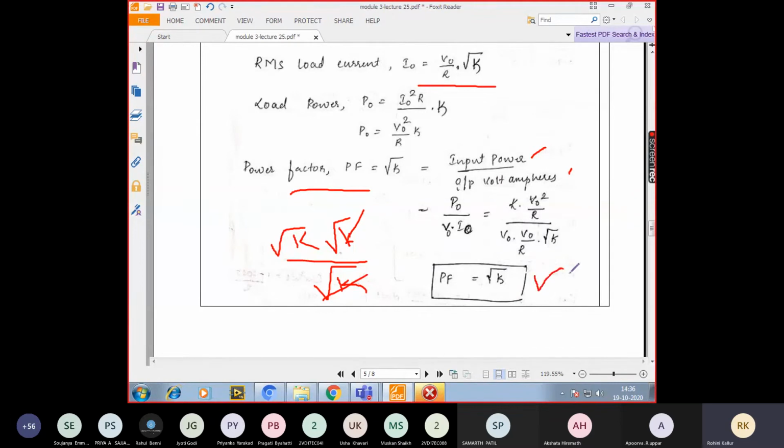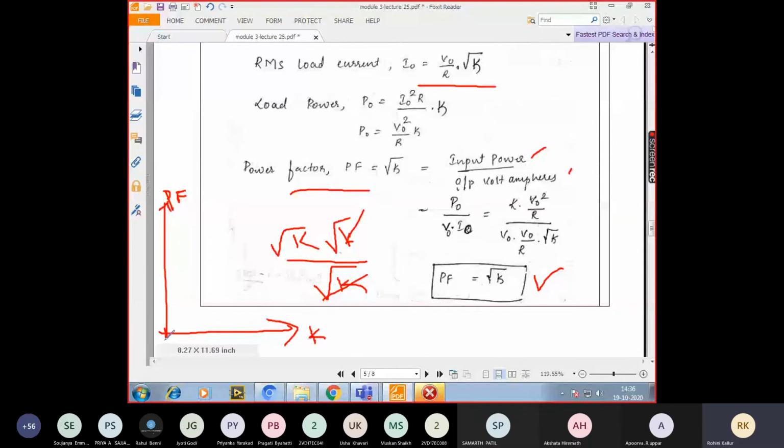So this I was discussing in the last class, where if I change the value of K, then the power factor is going to vary. If you remember, the curve was like this. This was the K value and this was the power factor value. K, I know, is the duty cycle. Duty cycle will have a maximum of 100%.